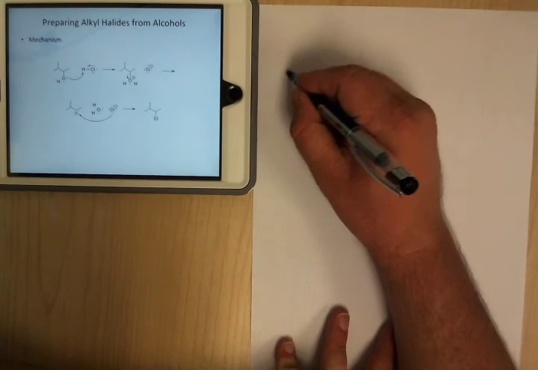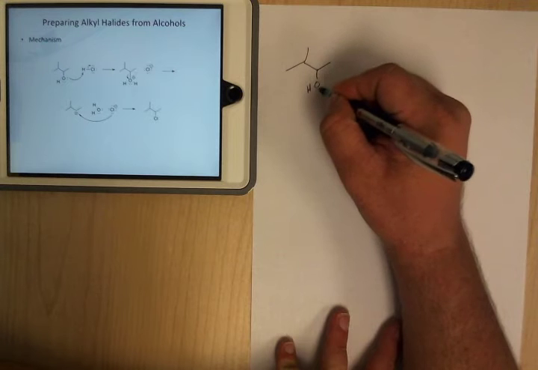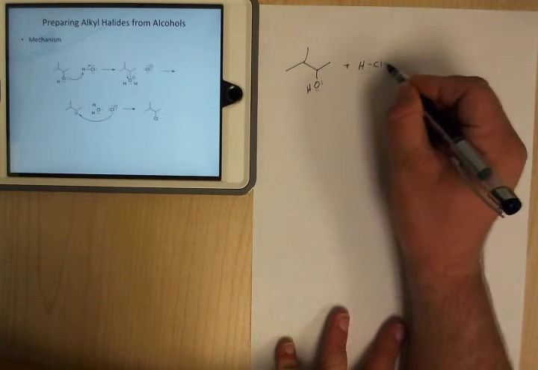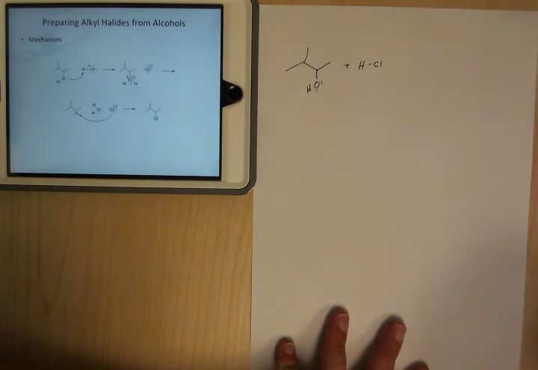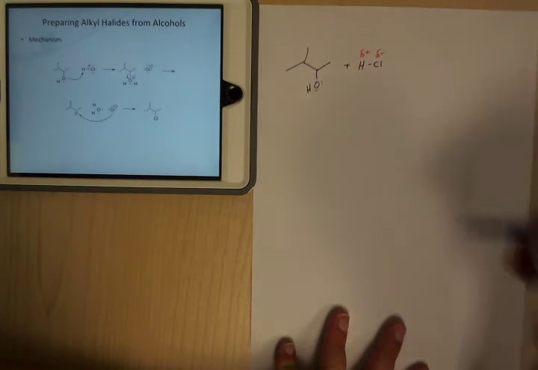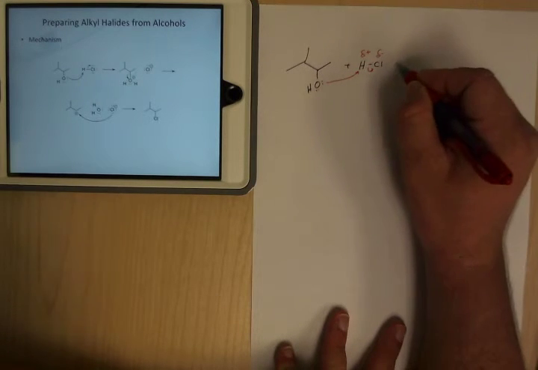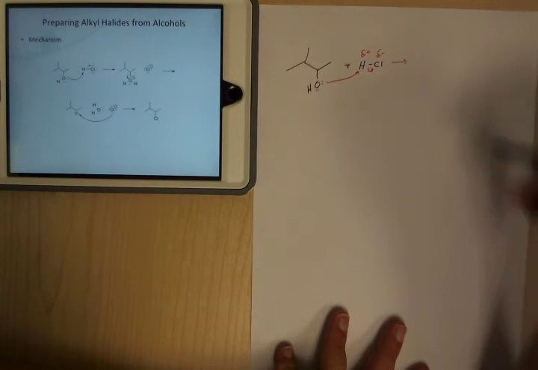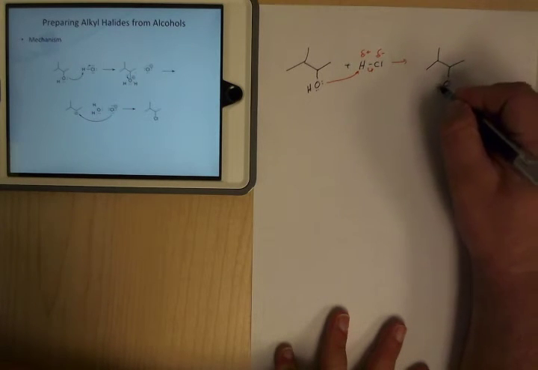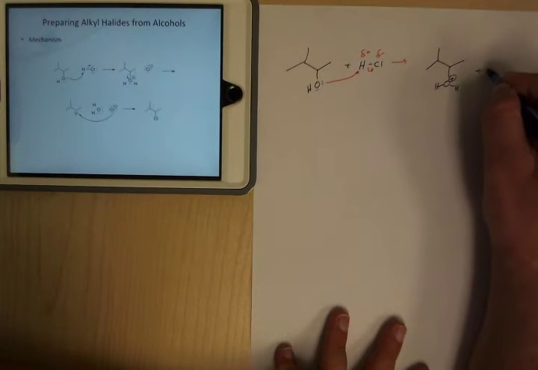You have something like this, and if you have something like HCl, remember these guys, electropositive, electronegative, so this guy's going to attack, go there. Positive charge there, plus chlorine minus.